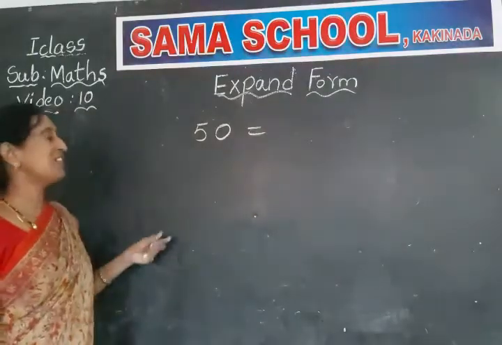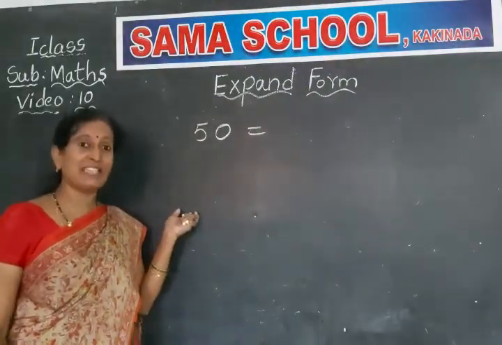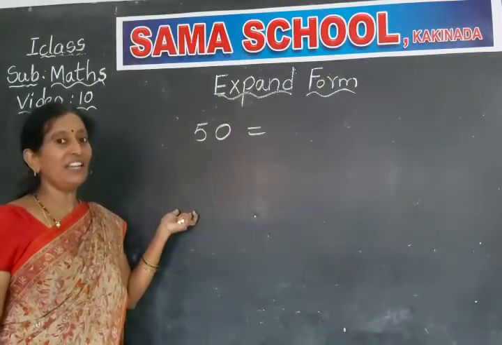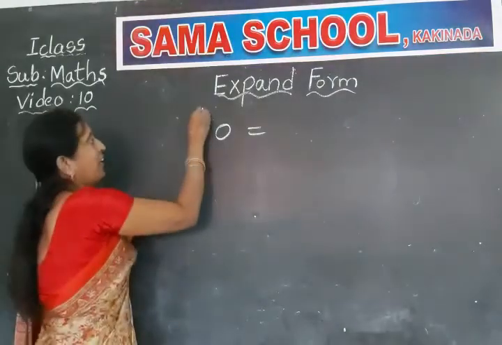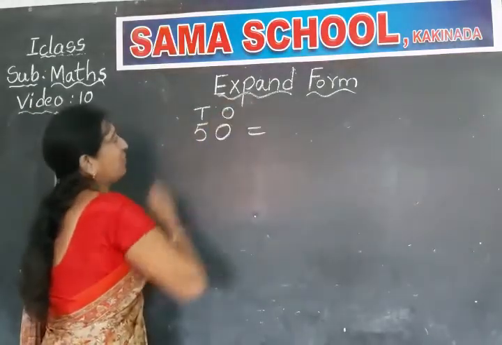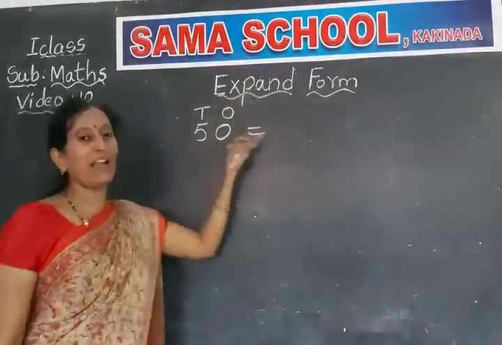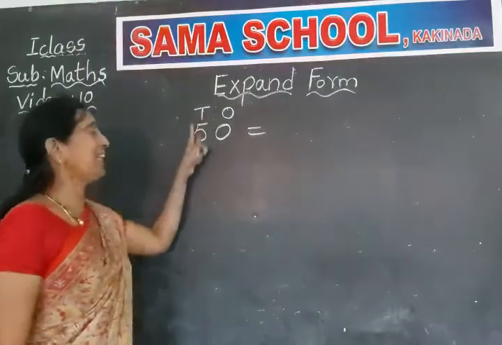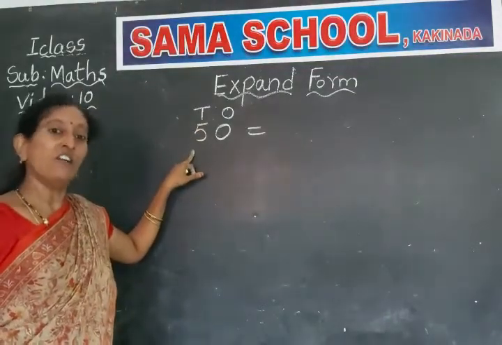Now say which is in the ones place and which is in the tens place. 5 in the tens place. Very good. Next, 0 in the ones place. Very good. Now you expand this number. In the tens place, how many tens? 5 tens.